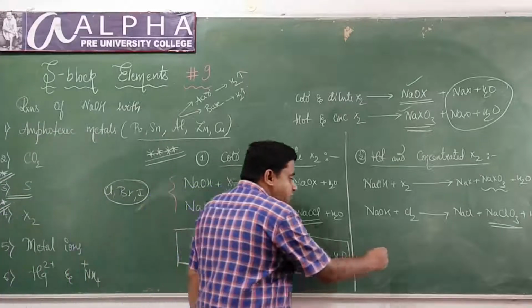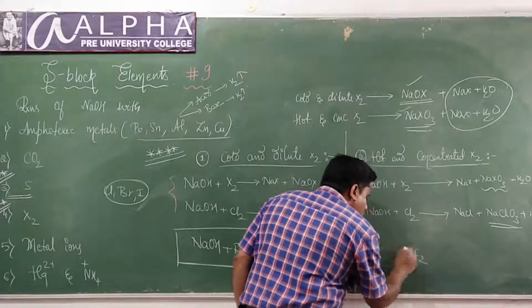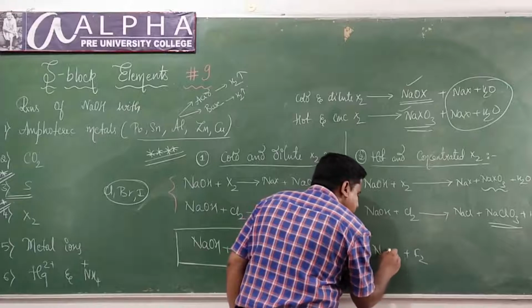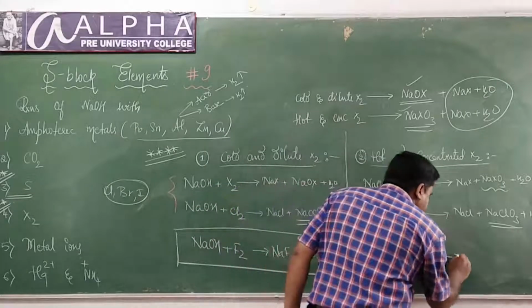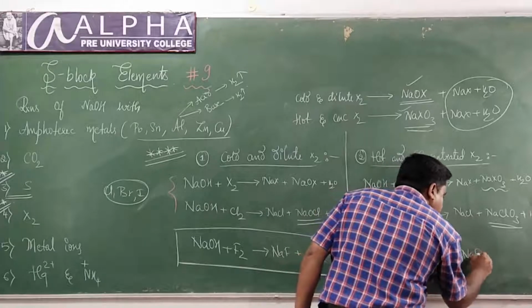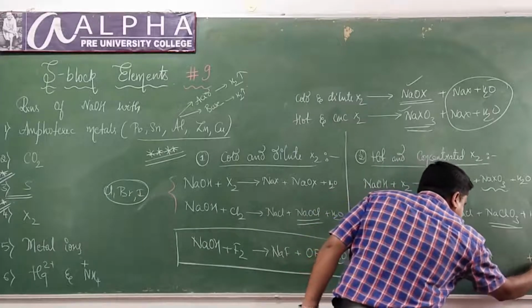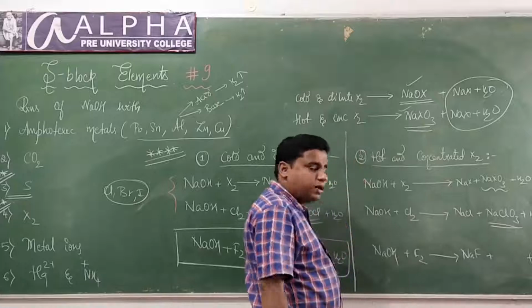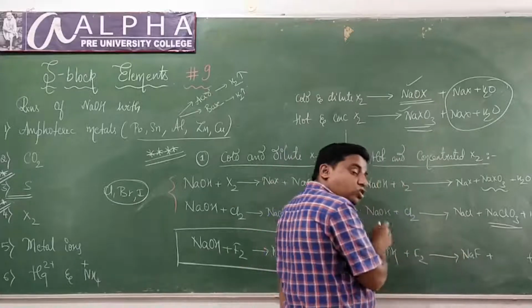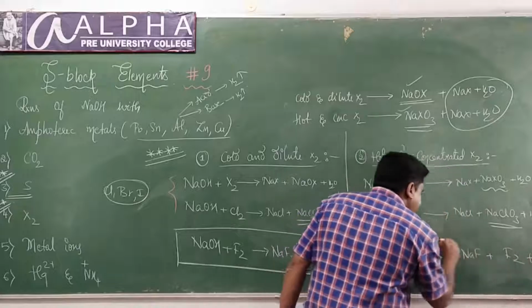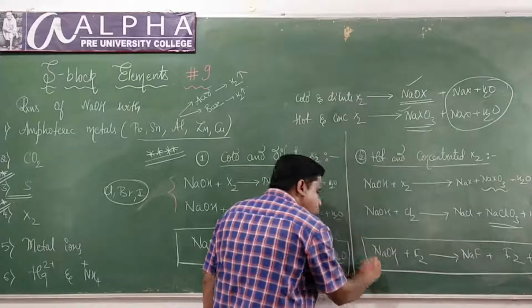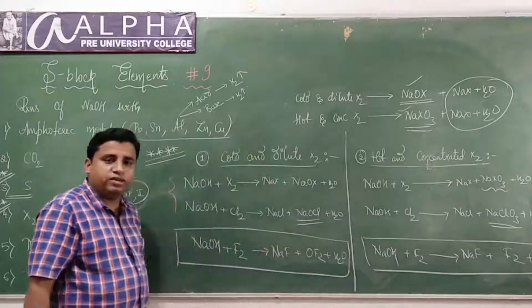Whereas when fluorine reacts with hot and concentrated NaOH, here we're going to get sodium fluoride and water. This is common. Whereas with hot and concentrated NaOH, fluorine gas will be liberated. This is what the difference is.